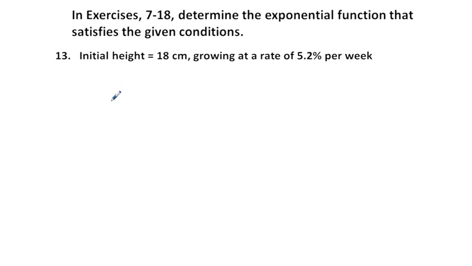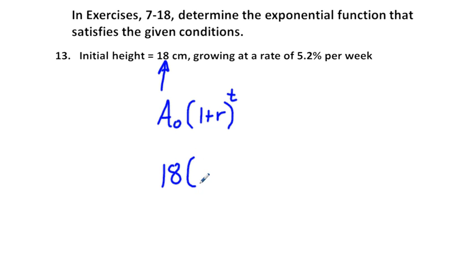So for this, our initial value is what we start out our equation with. The basic form is going to be the starting amount, which is a sub 0, times 1 plus the rate, to the power of t, whatever that is. In this case, our initial value is 18, and we have 5.2% per week.